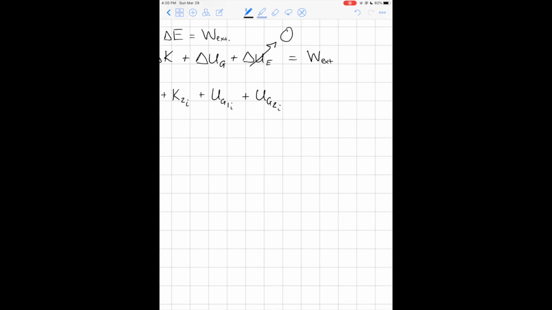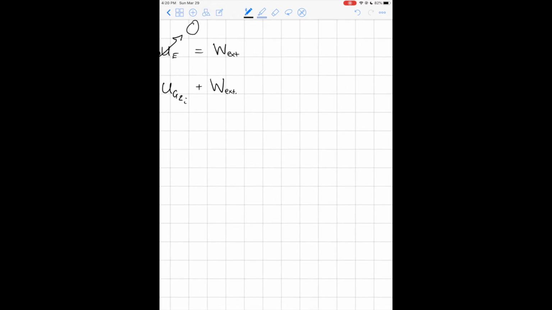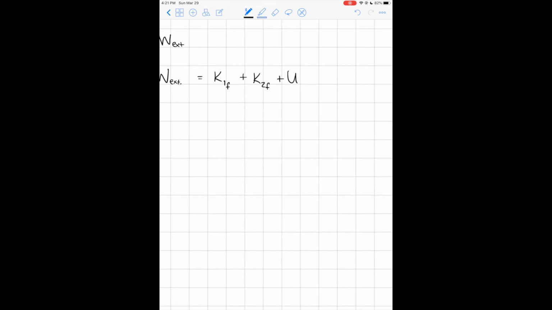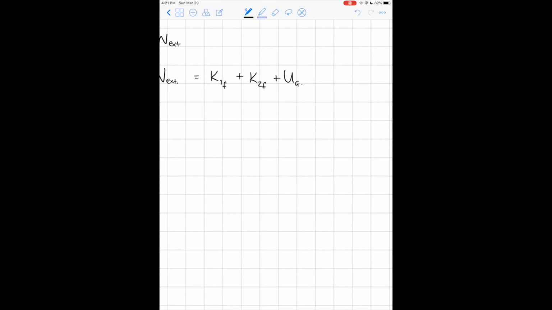We already said that there's no elastic potential energy, and this is where we normally plug in our external work. Then we say that it's equal to the final kinetic energy of block 1 plus the final kinetic energy of block 2, and then of course gravitational potential energy for block 1, final UG2F.